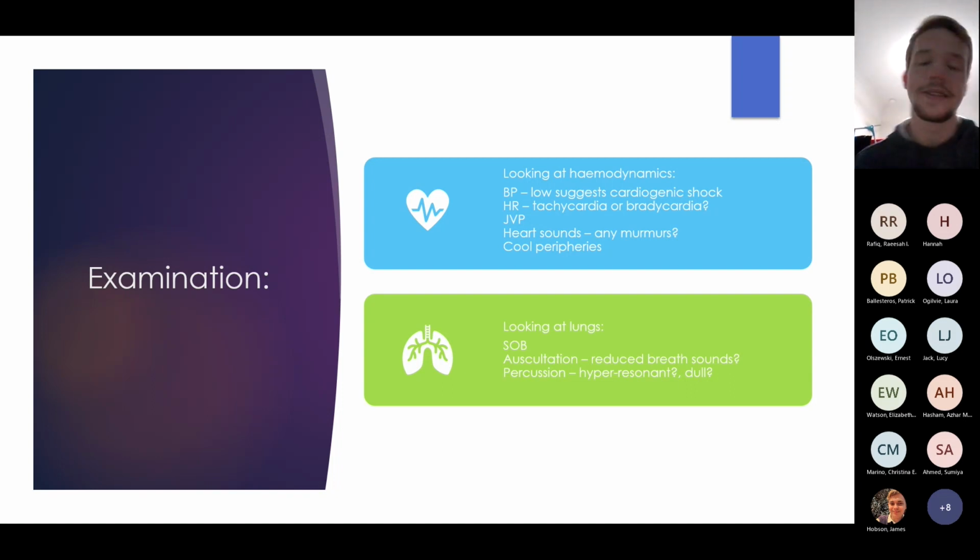And tracheal deviation, that's a good one. They always forget about it. But if there's, for example, a tension pneumothorax, that can shift the trachea across, which is important to look at. So again, just put a few of them there, which you've all got, which is great.